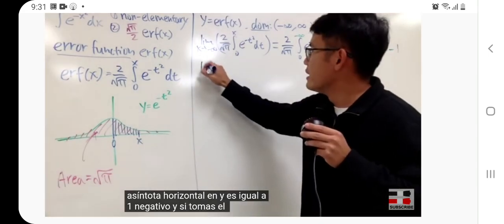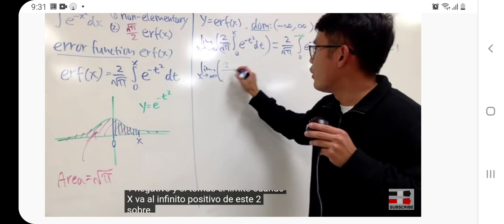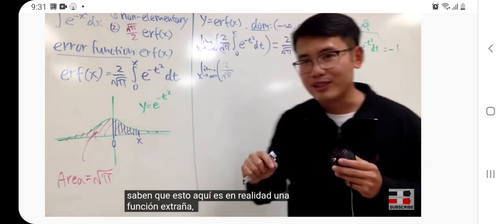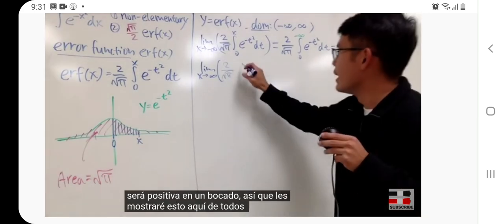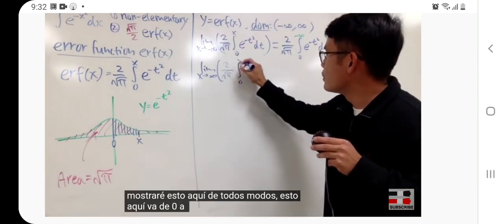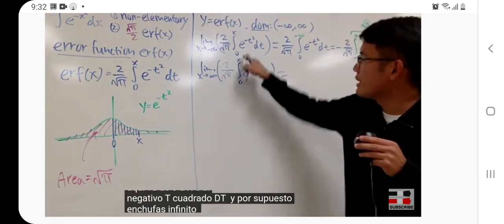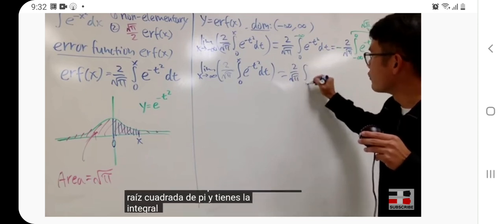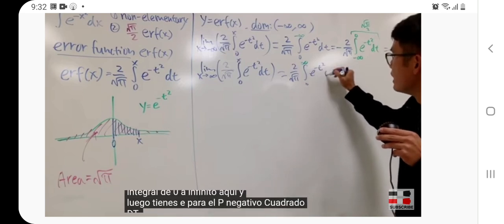And if you take the limit as x goes to positive infinity of this 2 over square root of pi, and in fact, you know this right here is actually an odd function, so the answer is going to be positive 1. But it's okay, I'll show you guys this right here anyway. This right here is going from 0 to x, e to the negative t squared dt. And of course, you plug in infinity here, you get 2 over square root of pi, and you have the integral from 0 to infinity here, and then you have e to the negative t squared dt.